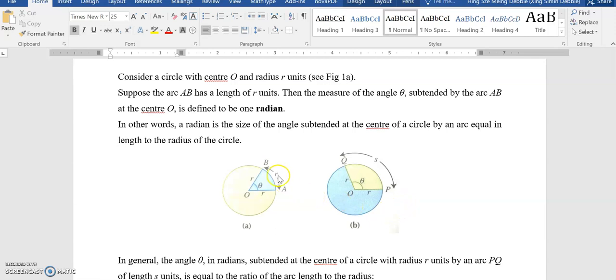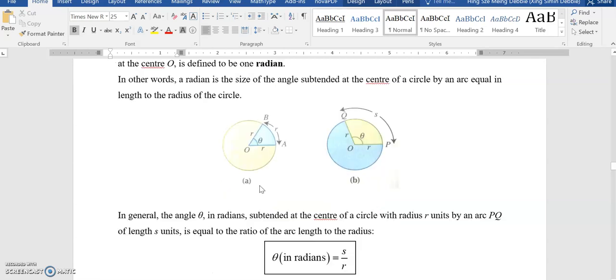If the radius is r and the arc is also the same length, also r, we can say that this angle here essentially is 1 radian. So by formula, theta measured in radians is just the arc over the radius.